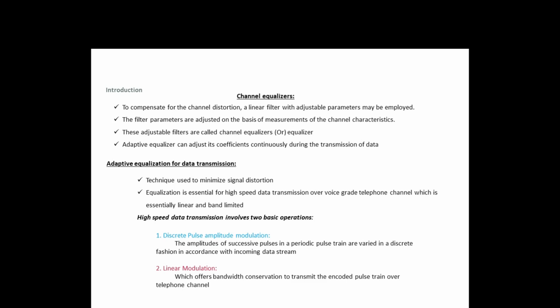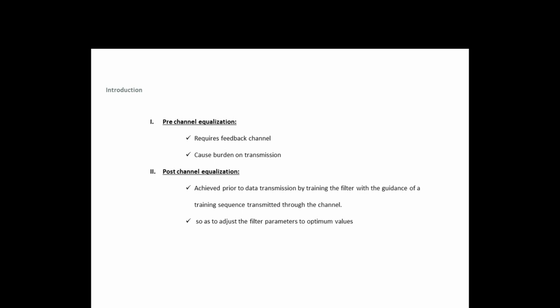Then linear modulation, which offers bandwidth conservation to transmit the encoded pulse train over the telephone channel. So how can we define linear modulation? It offers bandwidth conservation to transmit the encoded pulse train over the telephone channel.